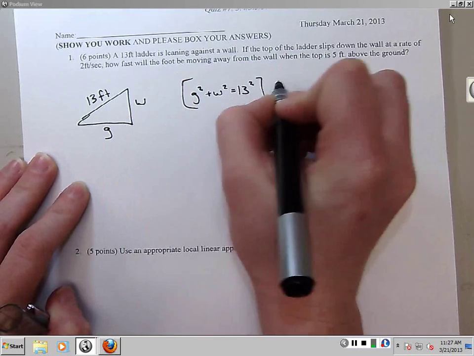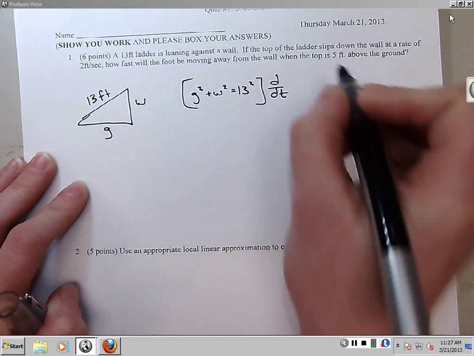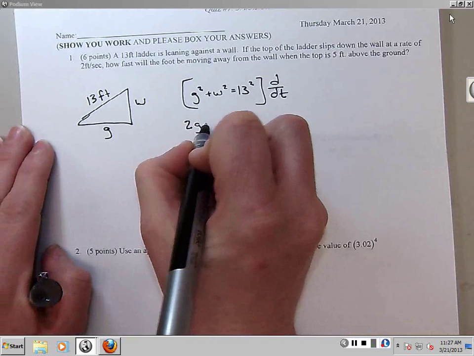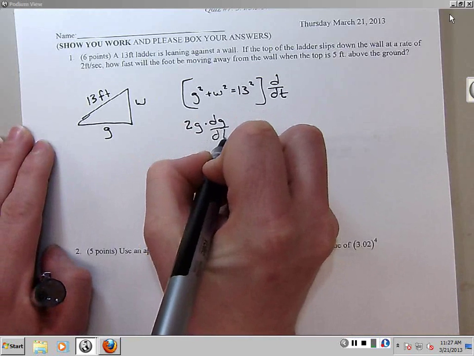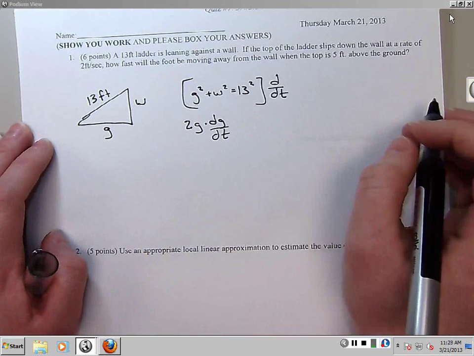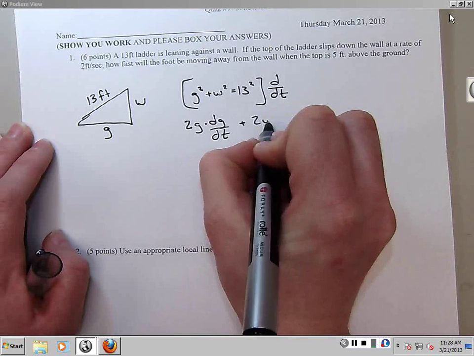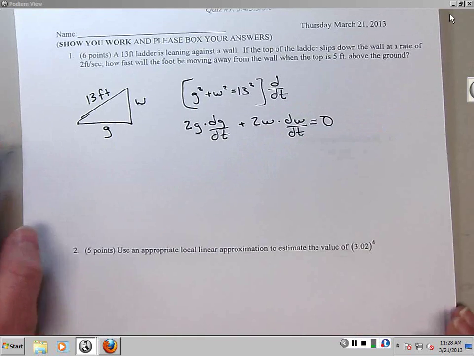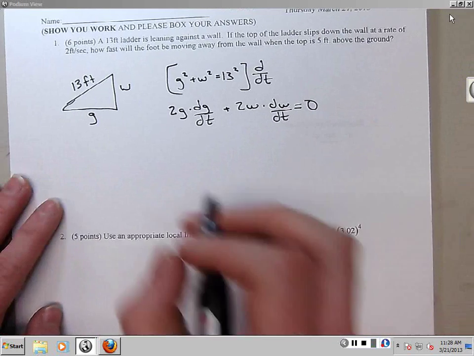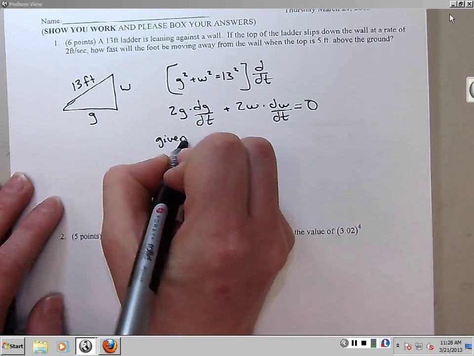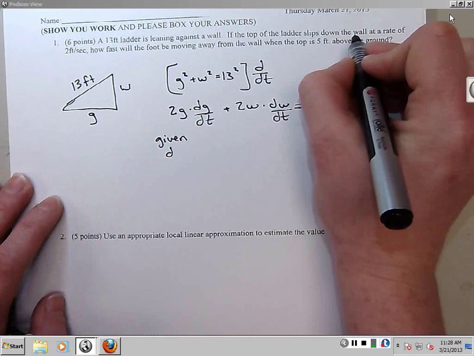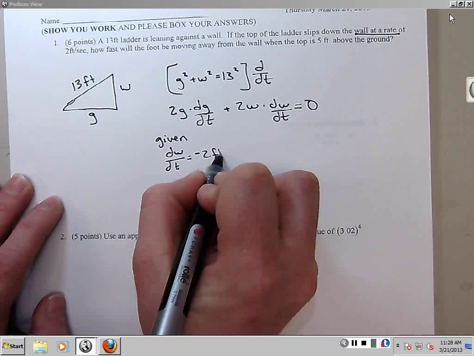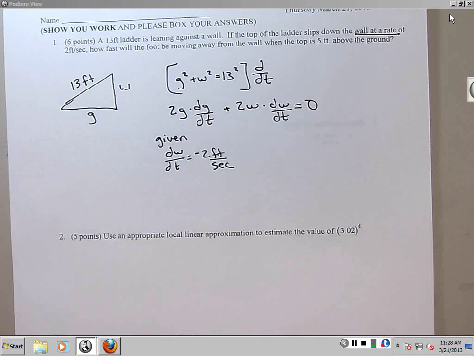If I differentiate this with respect to time, then I have 2G times dG/dt plus 2W times dW/dt equals 0. So this is my relationship between these related rates. I'm given that dW/dt would be minus 2 feet per second. It's sliding down. It's decreasing.